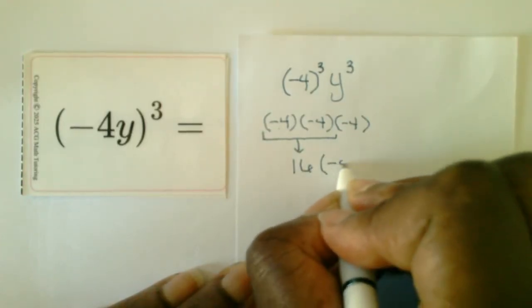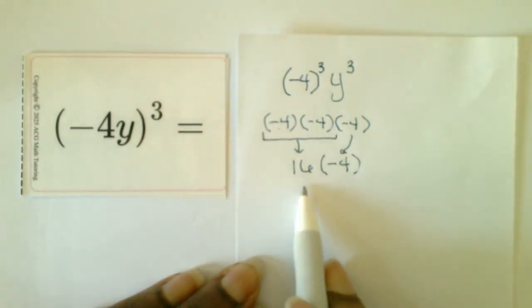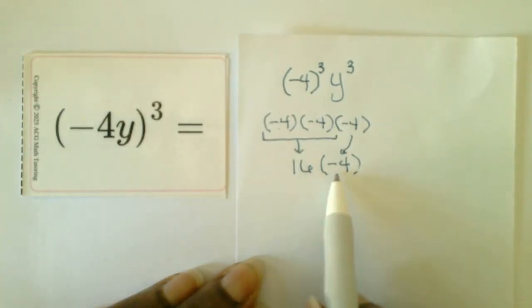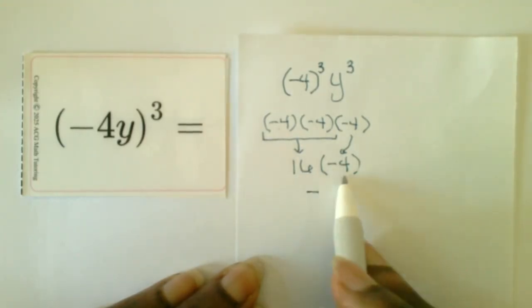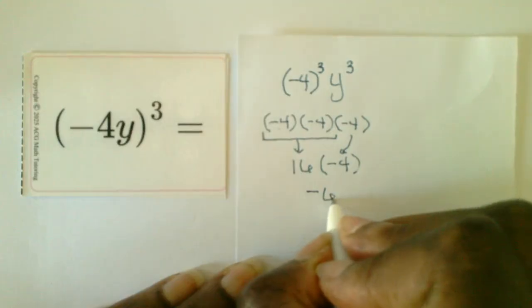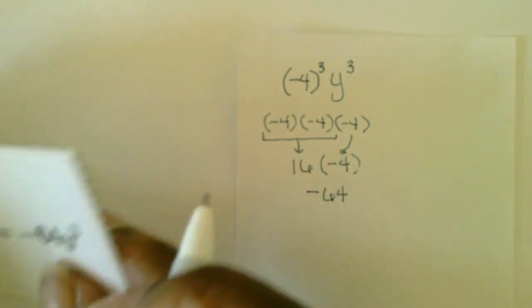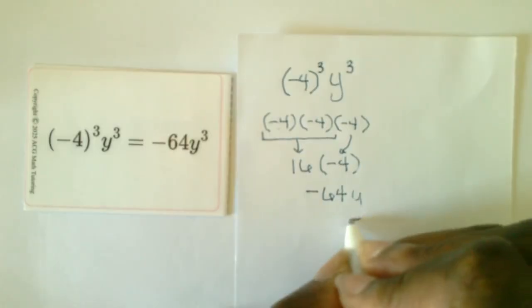Bring down the other negative 4. Now I have 16 times a negative 4. A positive times a negative is always negative, and 16 times 4 gives me 64. So our solution will be negative 64y cubed.